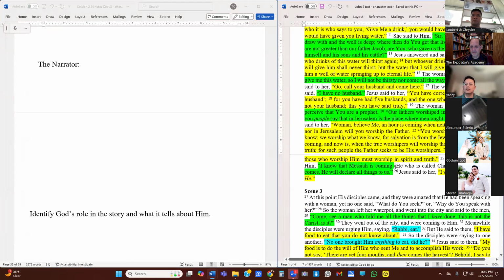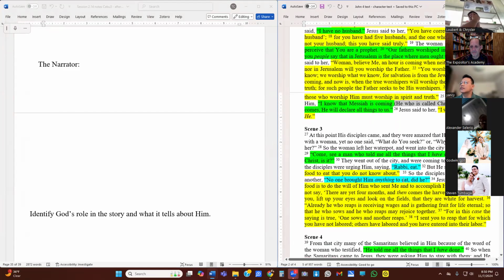Verse 25, he interprets Messiah for his non-Jewish readers. He uses the Greek word there. Verse 27, he identifies what might be on the disciples' minds, but they don't say anything.